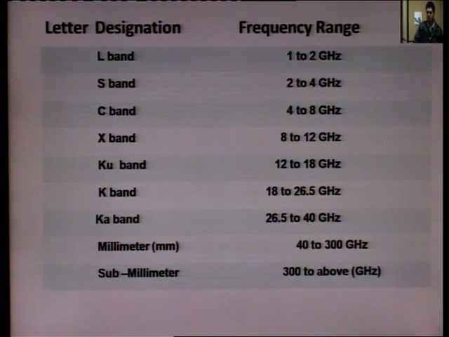So, the microwave frequencies are divided into different bands.